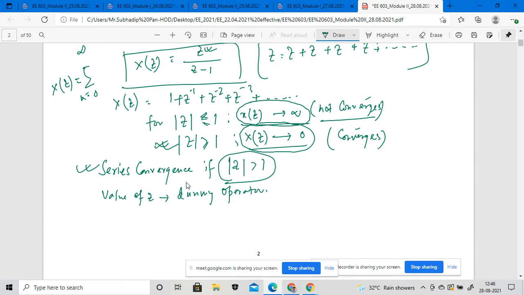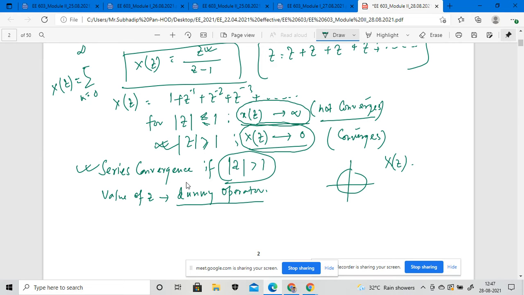So here it is also not necessary to specify the region of z over which x of z will converge. There must be some region of convergence we consider, but it should not be necessary to specify the region over which the values of x of z converge.